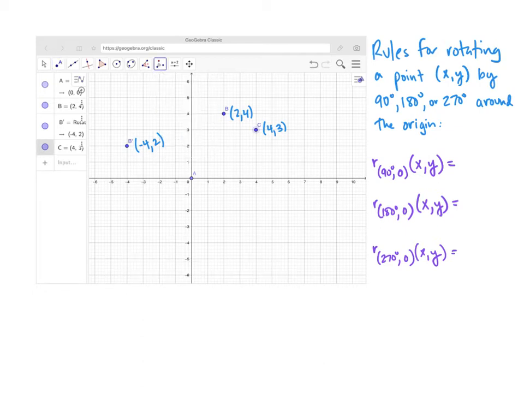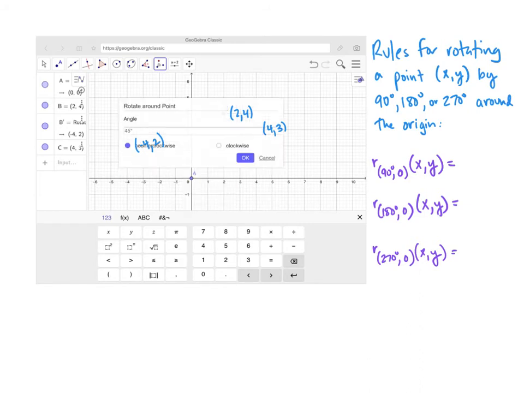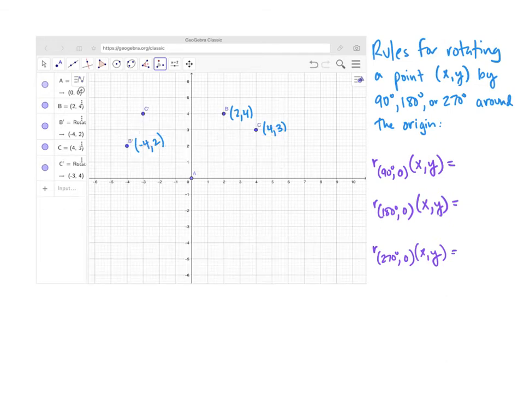I'm going to rotate point C around the origin by 90 degrees. And you can see it put it up here, and that point is -3, 4. And so let's see, did the same thing happen? Did I switch the numbers? Yep, the 3 went from being the y to the x, the 4 went from being the x to the y, and then the x part went from being positive to negative.